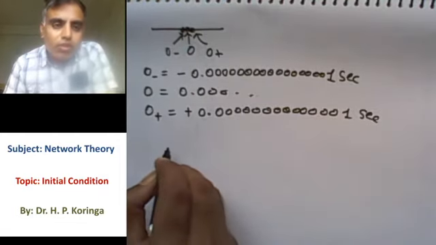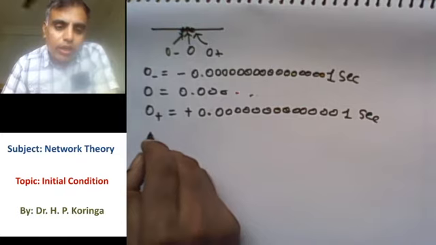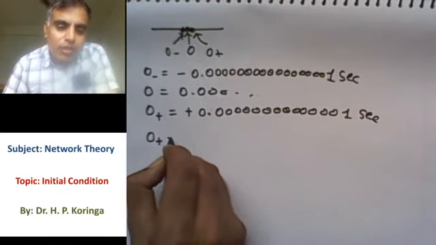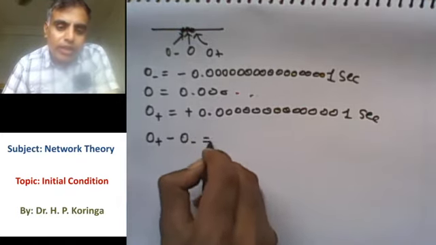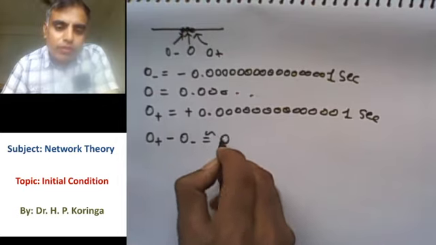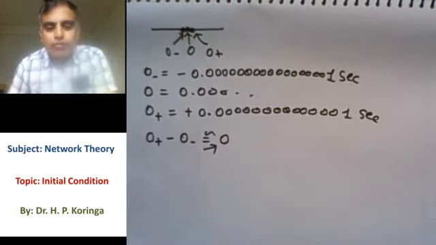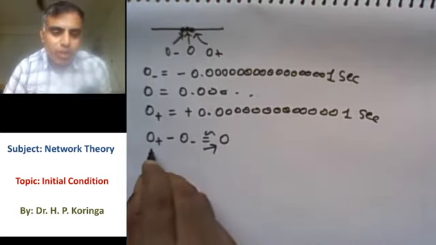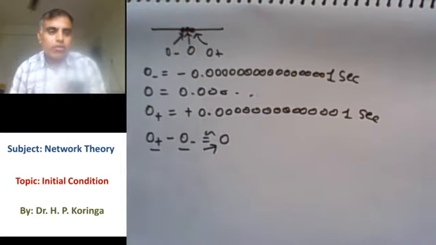In short, the difference between 0 plus and 0 minus tends to 0, so there is no real time difference.